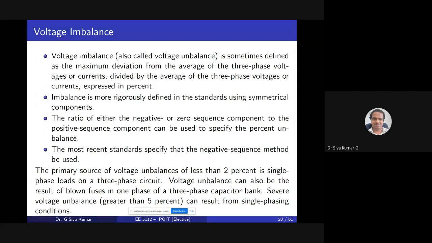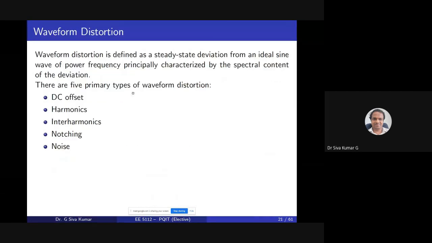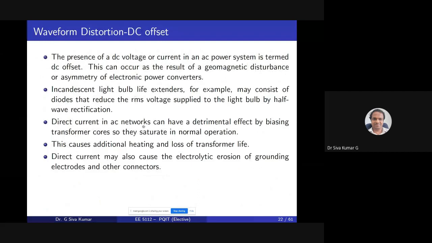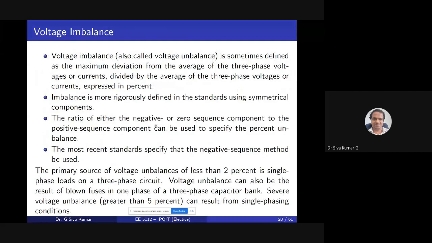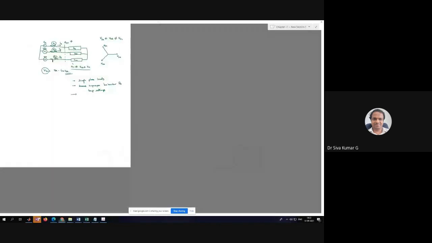Here in the third point, it says that the negative sequence or the zero sequence component with the positive sequence component can be used to specify the percentage unbalance. What we do was we just convert over here.